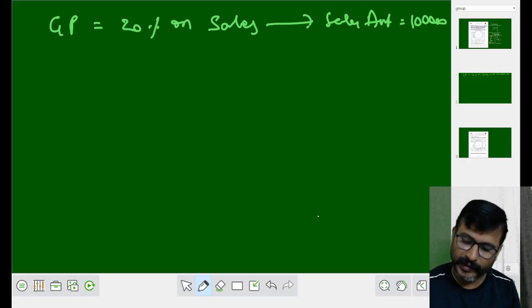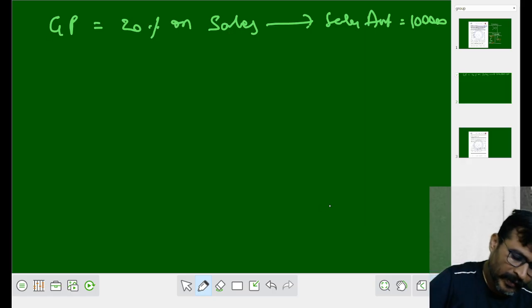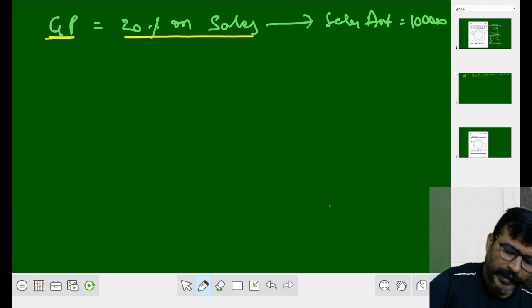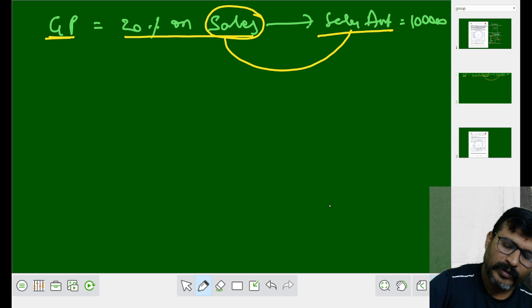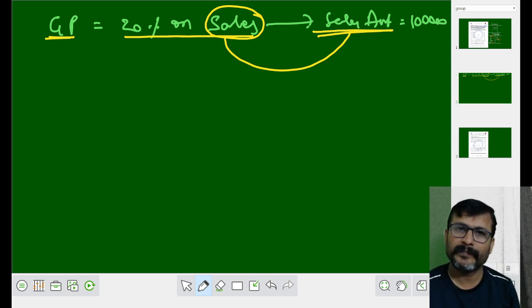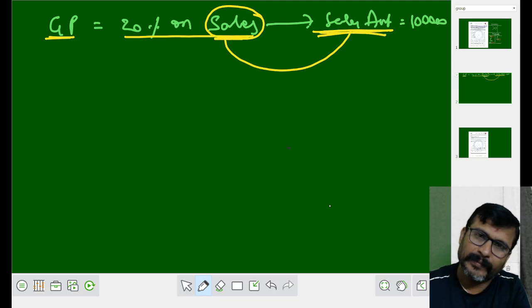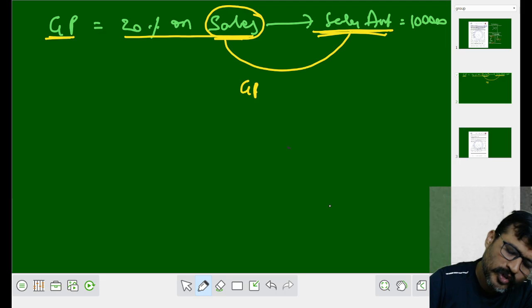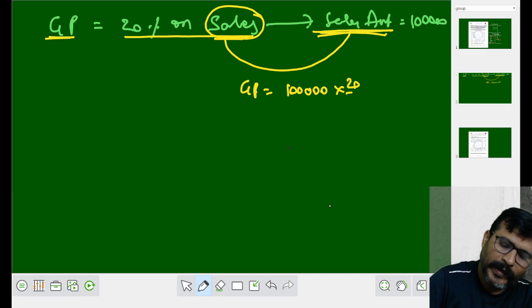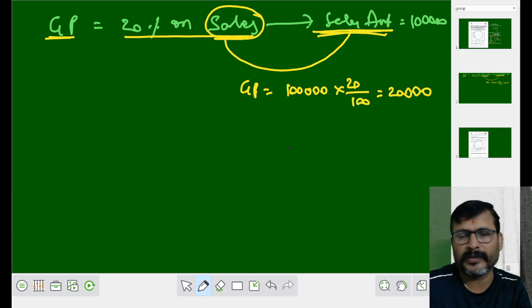Please be careful. Gross profit is 20% on sales, and you know the sales amount. Now your gross profit will be 1 lakh into 20 by 100, it comes to 20,000.